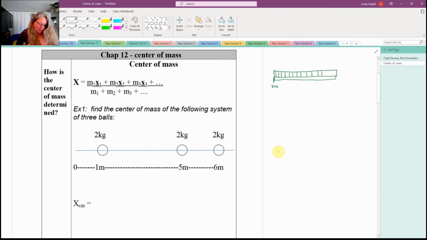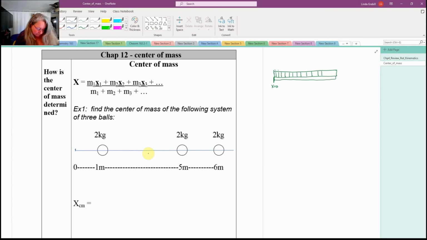And I want to know, if I make this the end of the pole, and we'll call it a massless pole just to make life easier, I want to know what the center of mass of this thing is. So if I throw it up into the air and give it a little bit of a spin, where is it going to tend to rotate? It's going to rotate where most of the mass is congregated. It's going to be its pivot point.